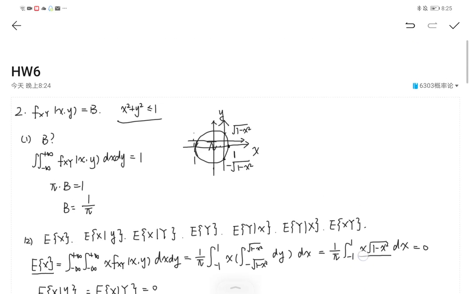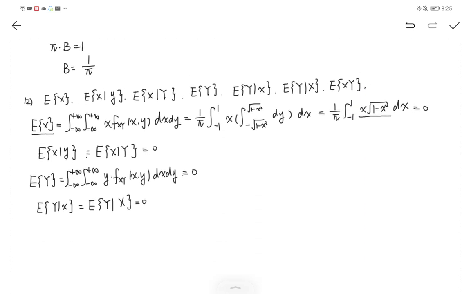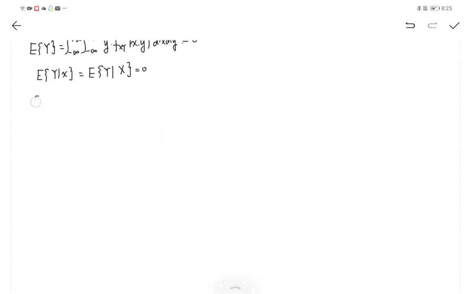And we should calculate the expectation of x multiplied by y, and it equals the integral from minus 1 to 1 of x y times 1 over pi. Oh, sorry, there it is 1 over pi times x y dx dy.